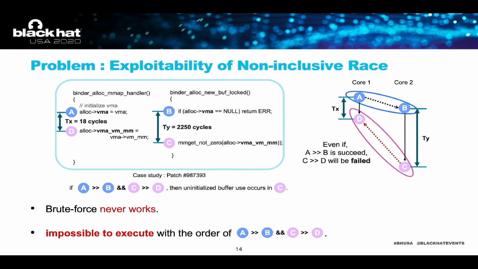On the other hand, there is a huge time margin of 20 to 50 cycles between the instruction B and C. The instruction D will always be executed before the instruction C. In other words, it is simply impossible to trigger this vulnerability by brute forcing it unless core 1 stops the execution between the instruction A and D and extends the time window.